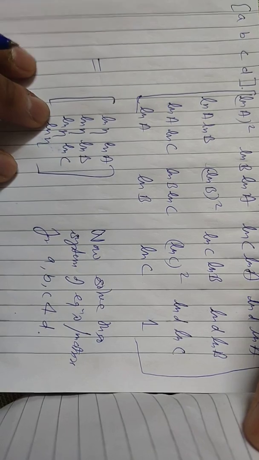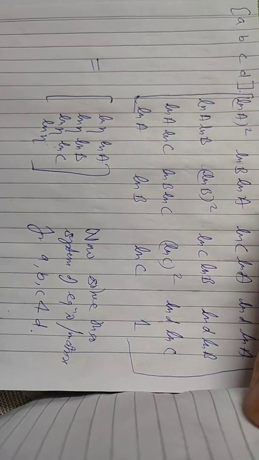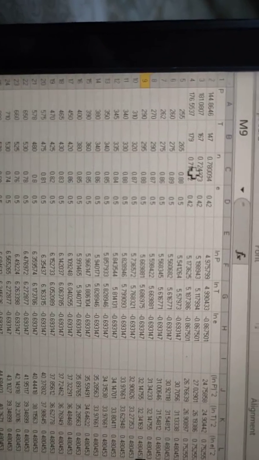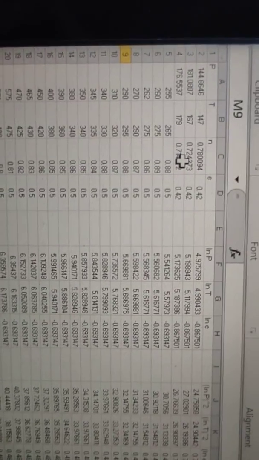For that we can use Microsoft Excel. Let me show you how we can use it. So see, this is the data set in which we have four variables P, T, N and E, and we have written all these data points corresponding to each other.